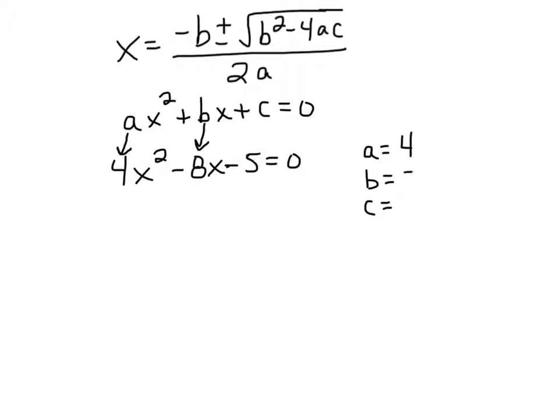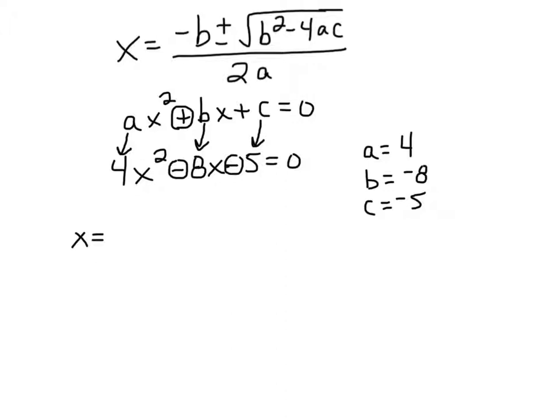And notice that's a negative 8 because the formula says add bx and this says subtract 8x. So that's a negative 8. The c is a negative 5 for that same reason. So if I were going to do this particular problem by the quadratic formula, the very first thing I do is identify what those three different letters stand for. Then all I'm going to do is put those in and solve.